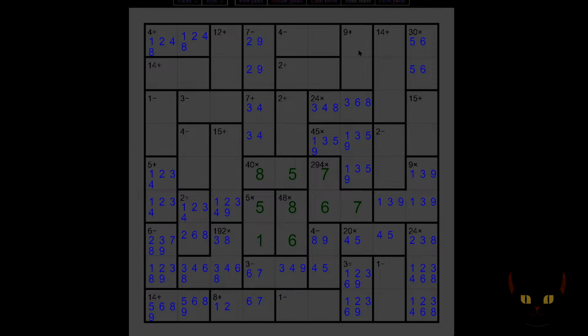Like, sums to 9, it's all numbers less than 9. Sums to 12 is everything 6. Yeah, the sums to 14 here is the same as down there, so 6, 8, 9, 6, 7.